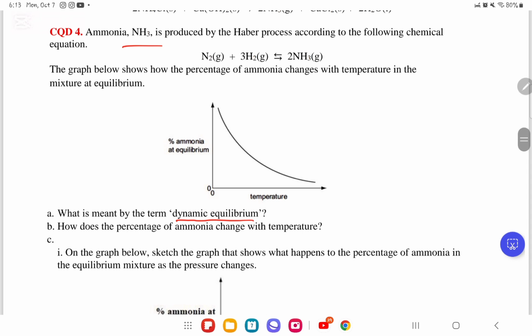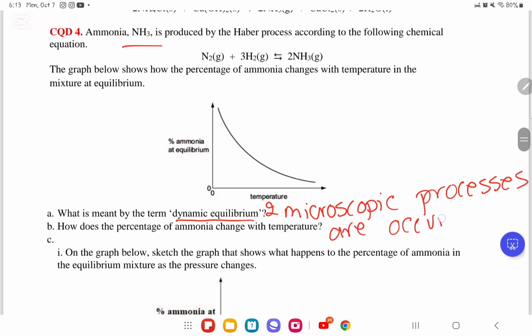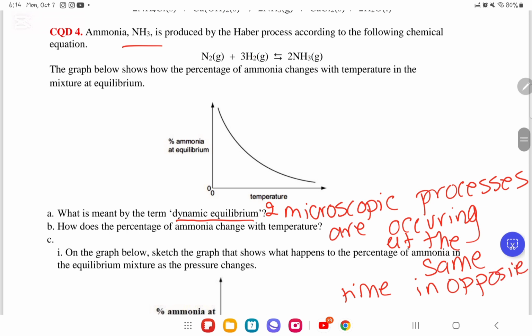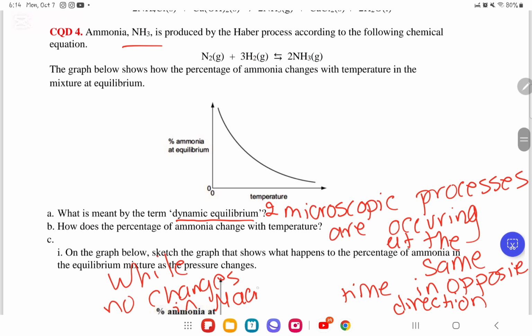Dynamic equilibrium means that two microscopic processes are occurring at the same time, in opposite directions, while there are no changes in macroscopic properties.